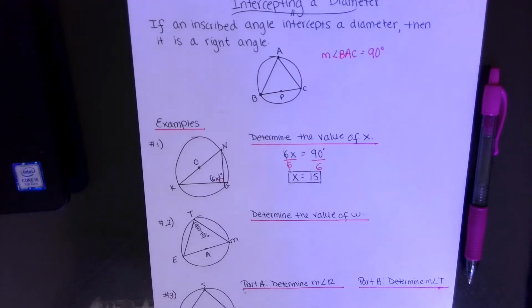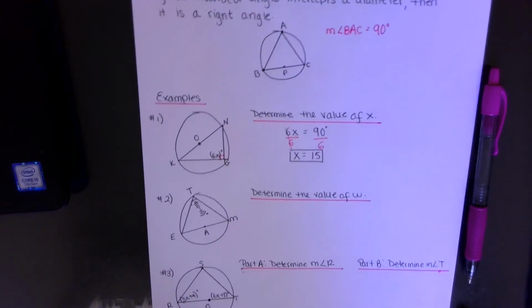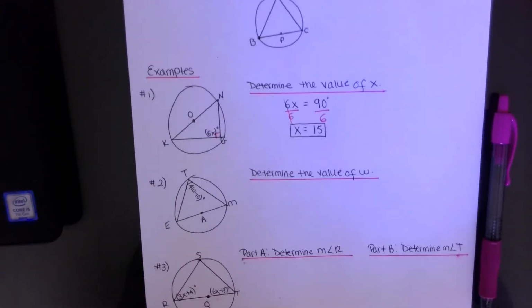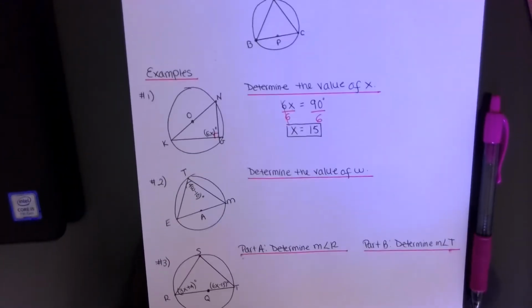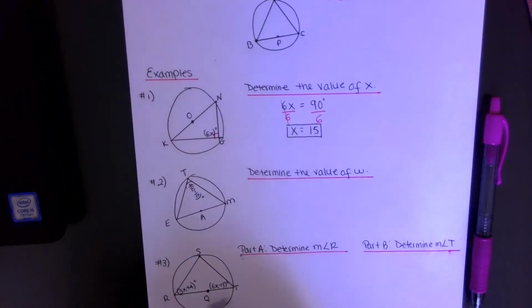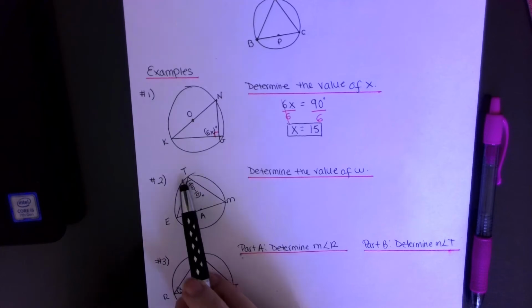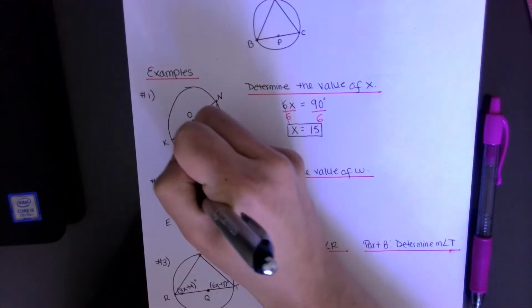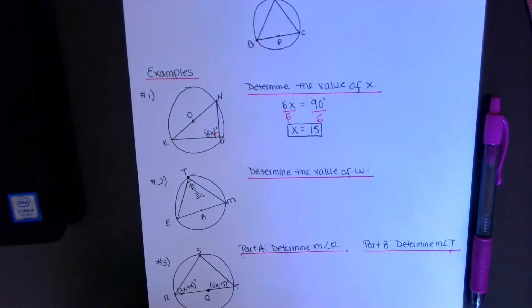Okay, so next, example 2. Determine the value of W. So let's look at where W is, right here, angle T. The vertex is on the circumference of a circle, so it's an inscribed angle.